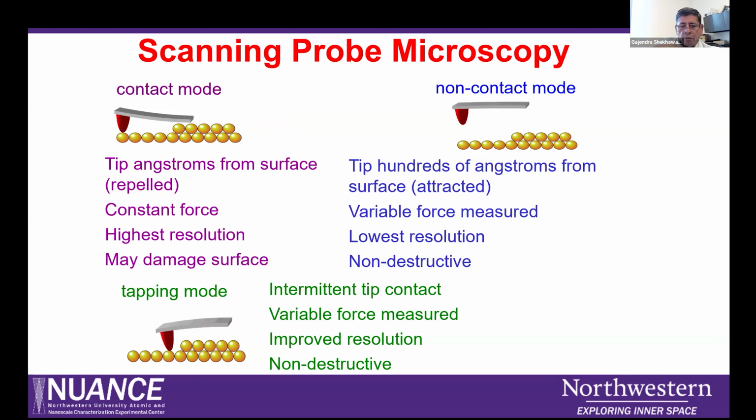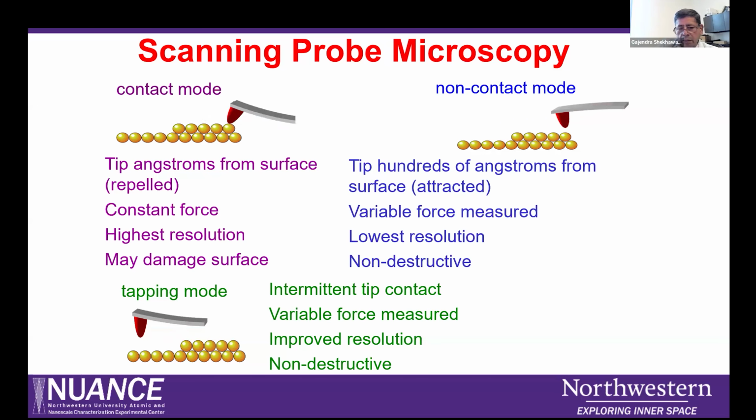And then the most popular mode is the tapping mode, where you oscillate the probe at resonance. And when the oscillating probe interacts with the sample, you can measure the height, the phase, and the amplitude change. And then you can measure some of the viscoelastic properties. Most of the advanced AFM techniques or functional techniques use this tapping mode concept as a base platform.